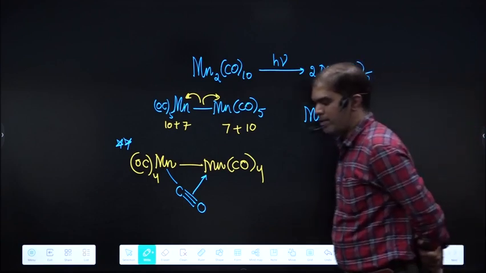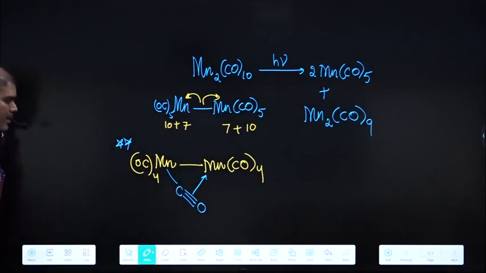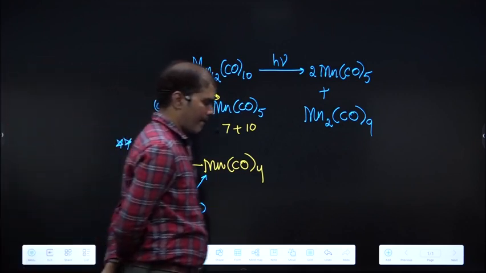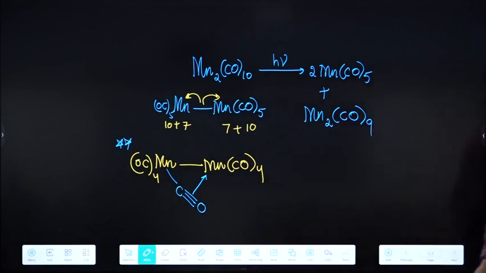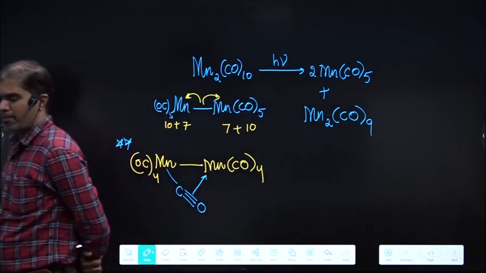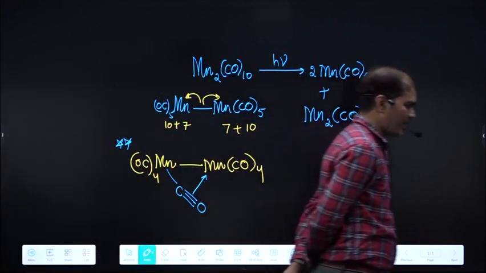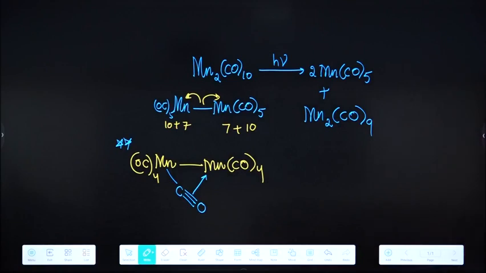But the electron density present between carbon and oxygen can also be donated to a metal, which is a rare bonding mode.